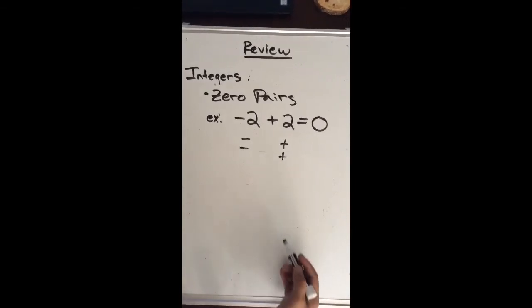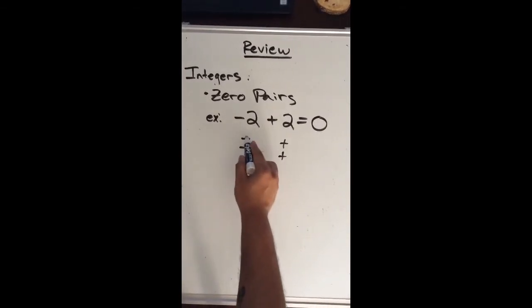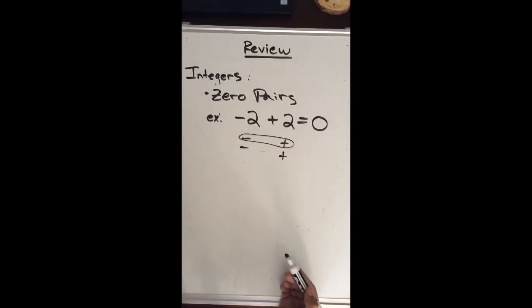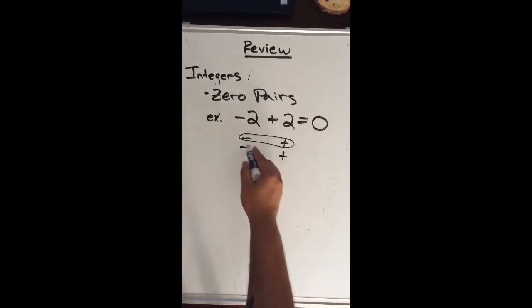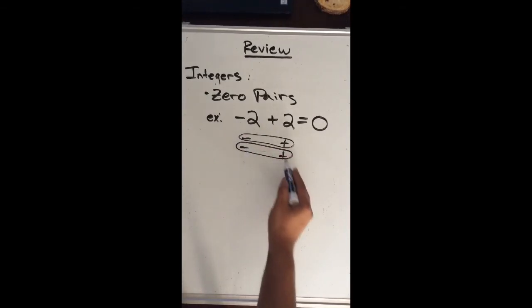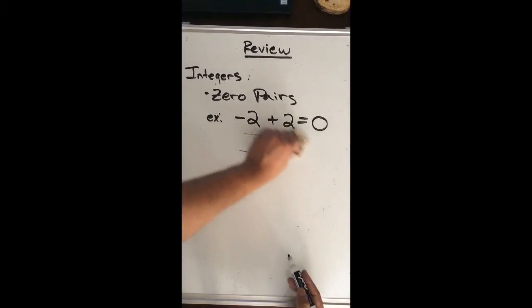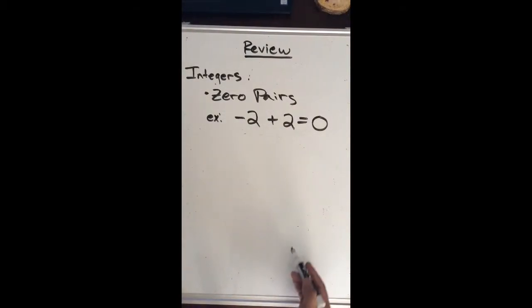These are zero pairs because for every negative, there's one positive. So they cancel each other out. Same thing here. This negative and this positive cancel each other out. And since they cancel each other out, poof, they equal 0.